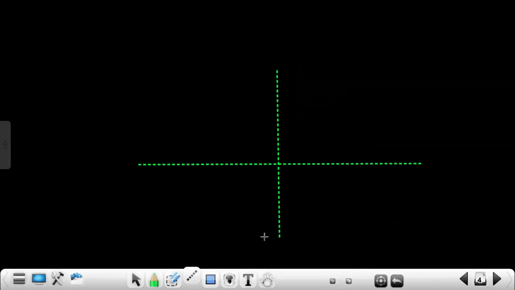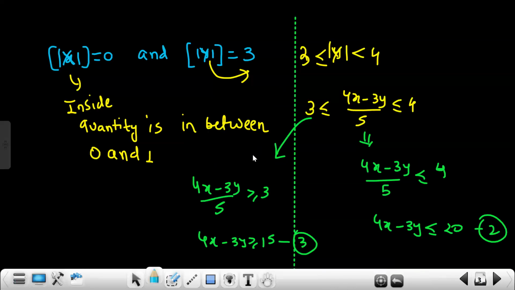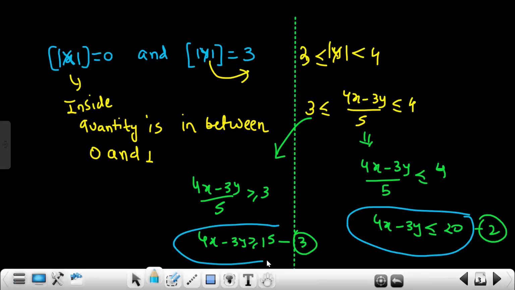Now we will draw this graph. If you see this line and this line, both are parallel to each other. The only thing different is the constant value.